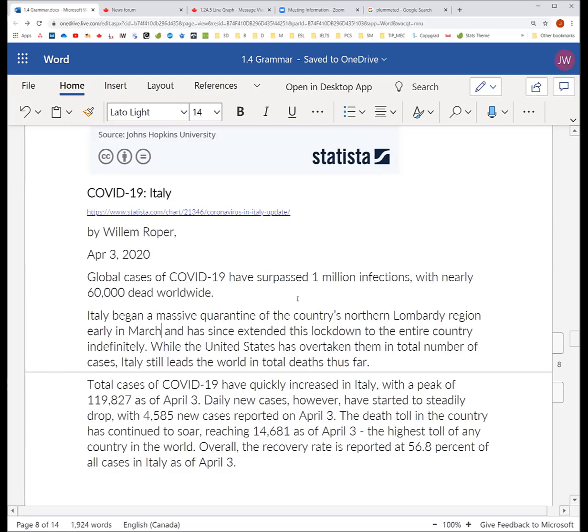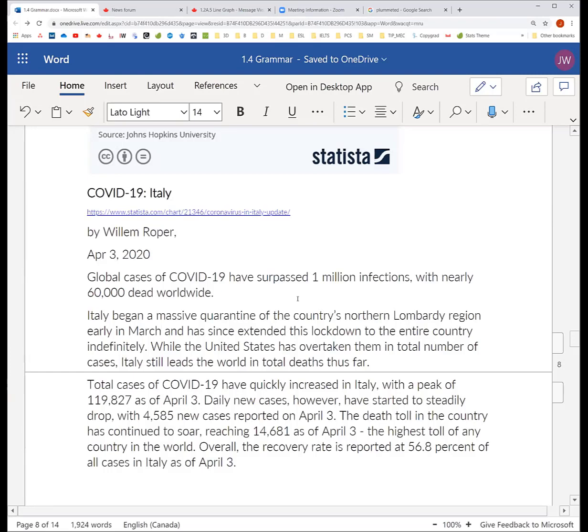Italy began a massive quarantine of the country's northern Lombardy region early in March, and has since extended this lockdown to the entire country indefinitely, while the United States has overtaken them in total number of cases.